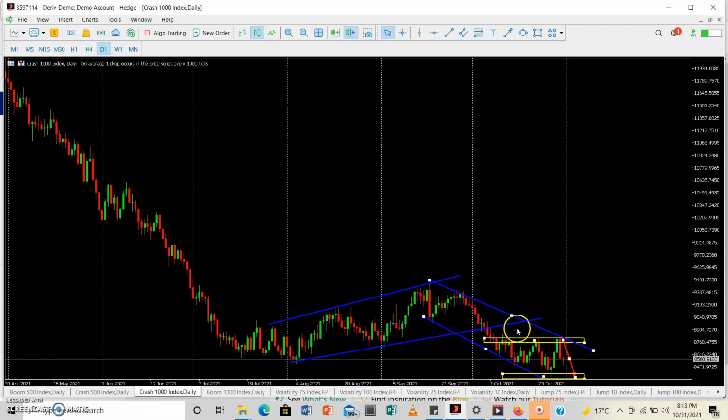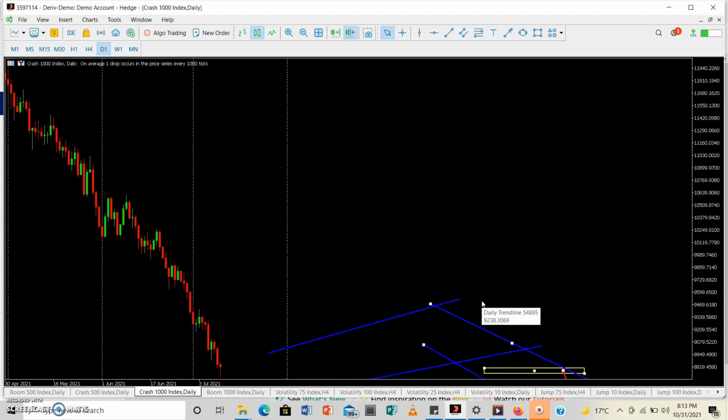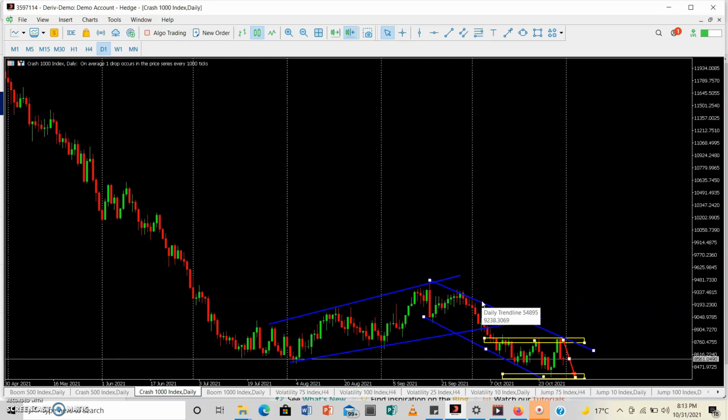But at least we now have a zone in which price is moving and a channel in which price is now following, right? So that's how we expect our Crash 1000 to behave throughout this week, right?